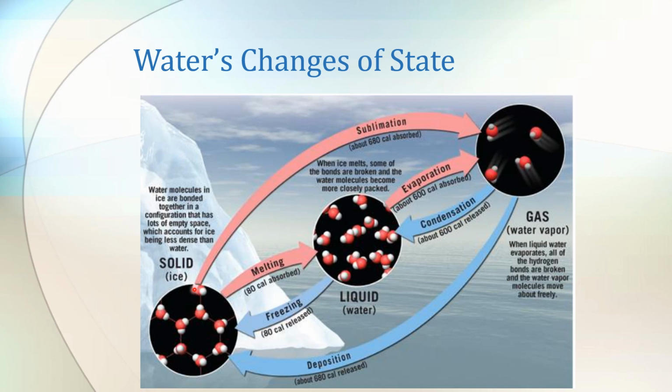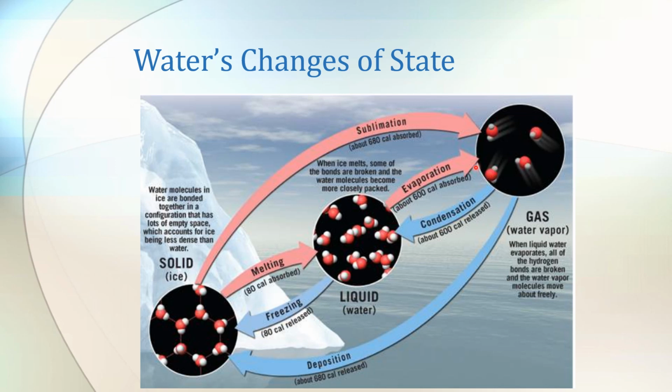From solid, it can go to gas. This process is what we call sublimation. From gas to solid, this is deposition, and from solid to liquid, this is, basically just a review, melting. Then liquid to gas is evaporation, and the opposite is condensation, and then freezing.